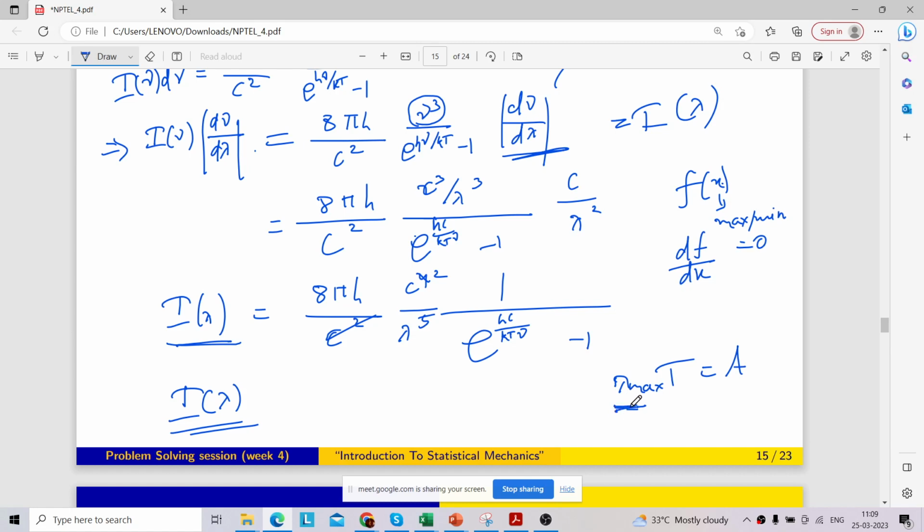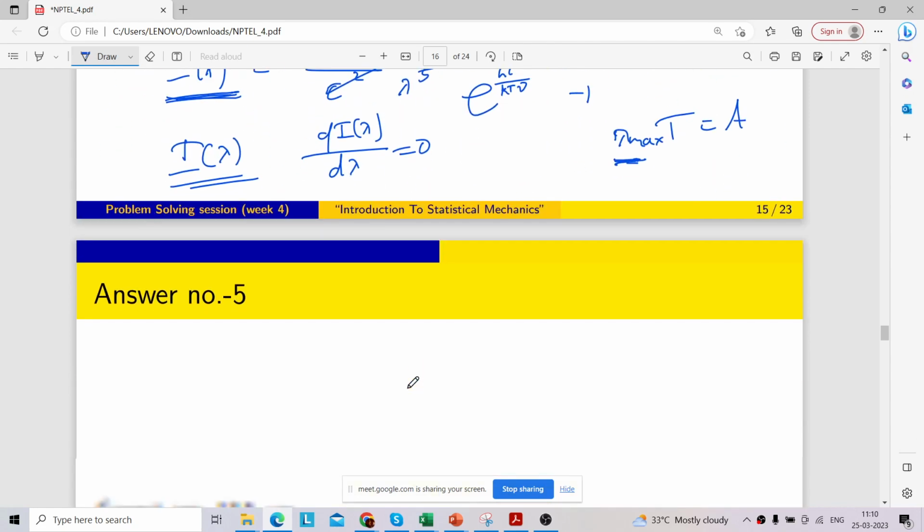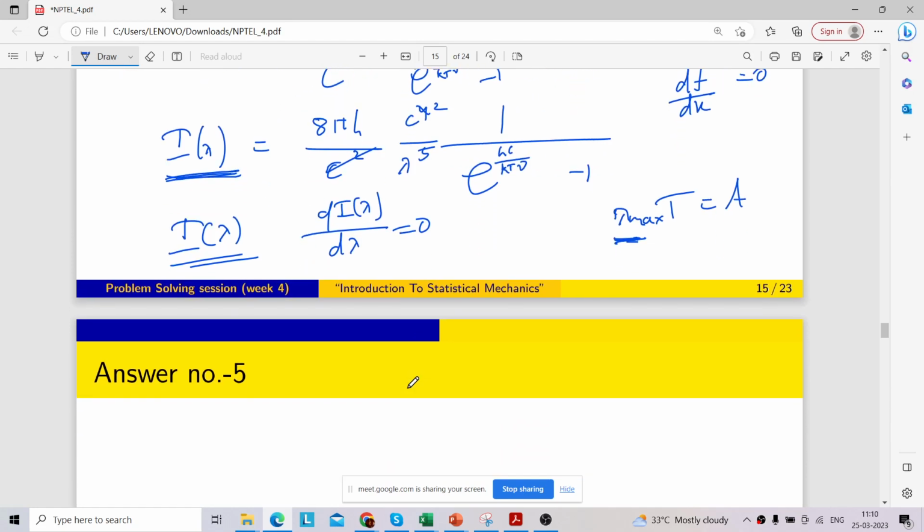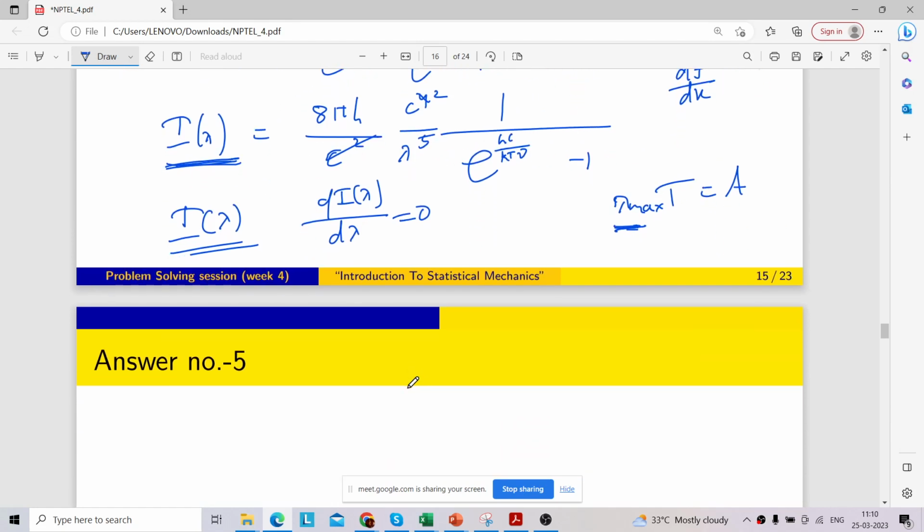So at lambda maximum we will have this intensity as maximum. So the derivative of this intensity with respect to lambda will be 0, right? Then let's do the derivative. Okay, so if I do the derivative in terms of lambda, how much will I get?